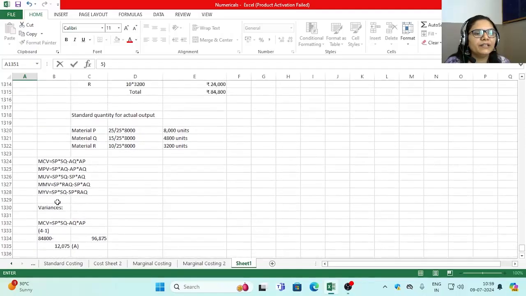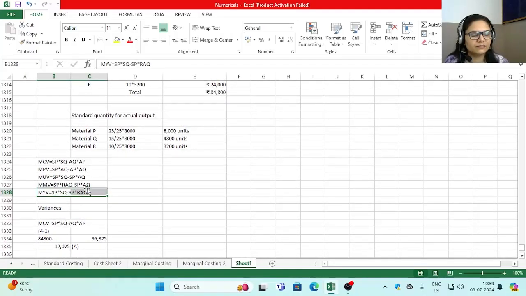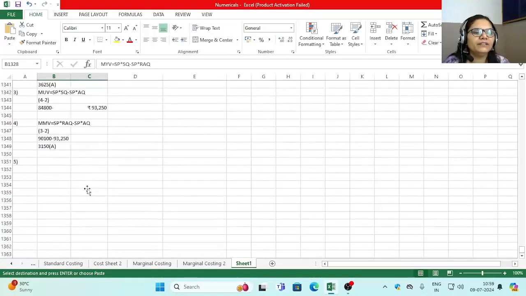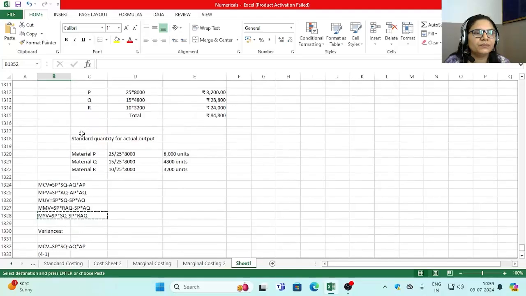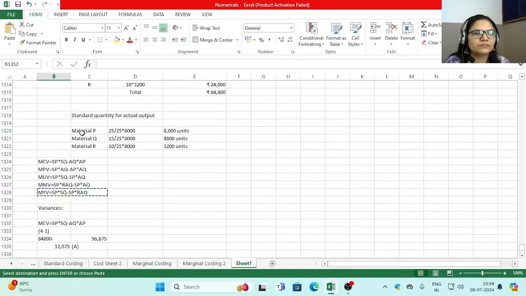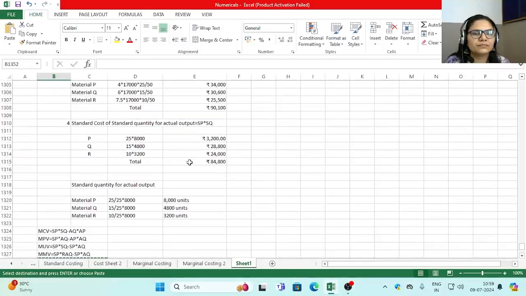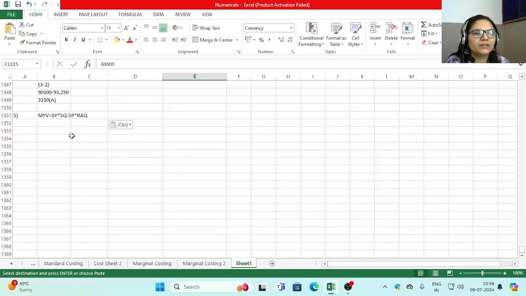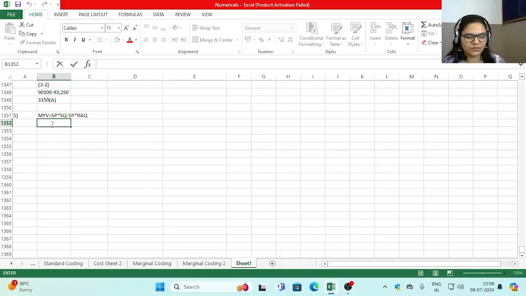Next is material yield variance. Material yield variance is SP into SQ minus SP into RAQ. It is 4 minus 3. So fourth equation minus third calculation.